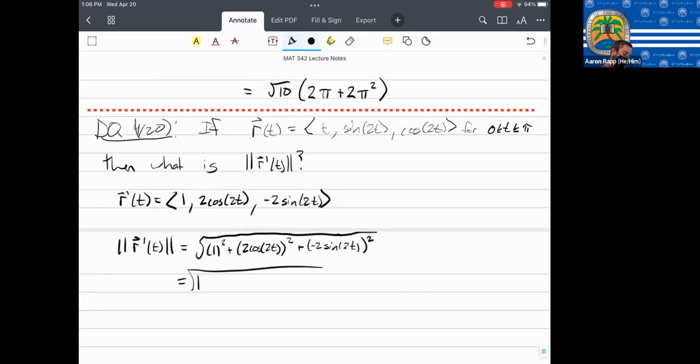Which means this is a square root of 1 plus 4 cosine of 2t quantity squared plus 4 sine squared of 2t.